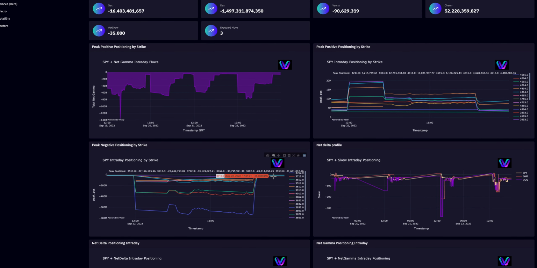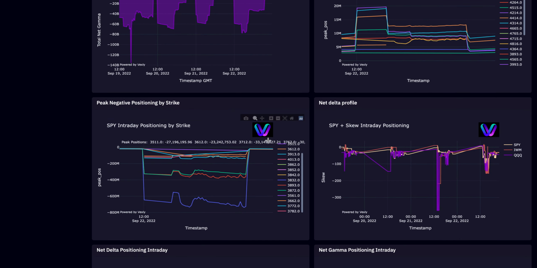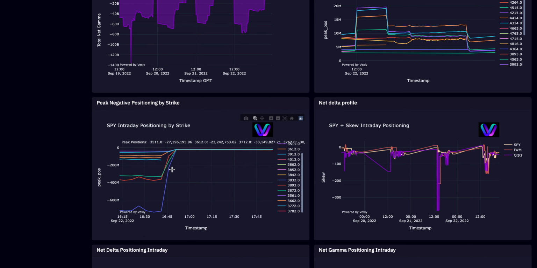One of the things you can also do is zoom in and hover over the actual lines to give you the numbers as you go along. One thing we saw over here was this 3762, and then you had 3812, 3712, and this other position, where is it?